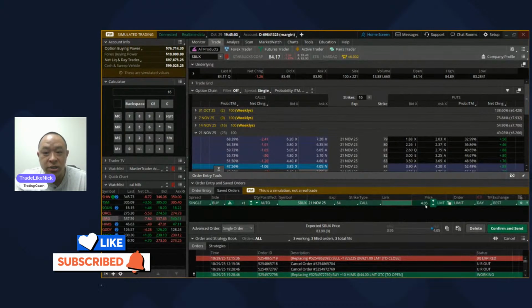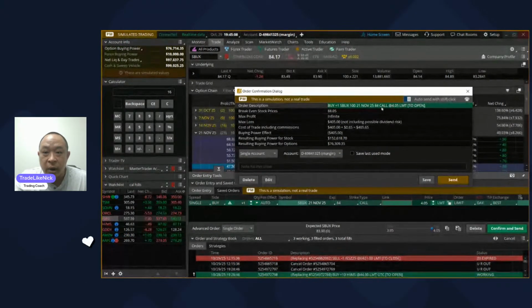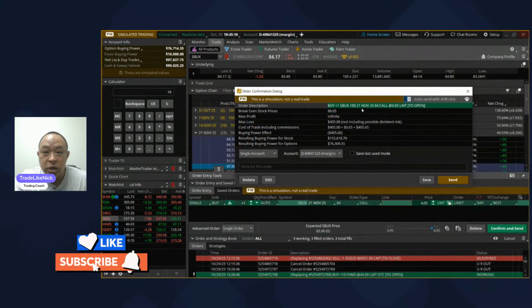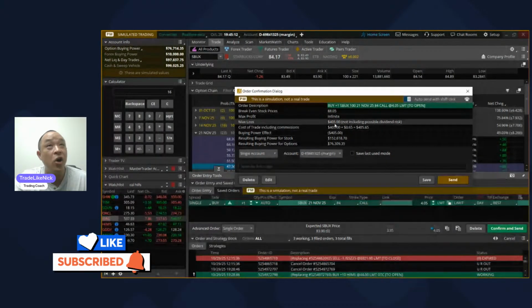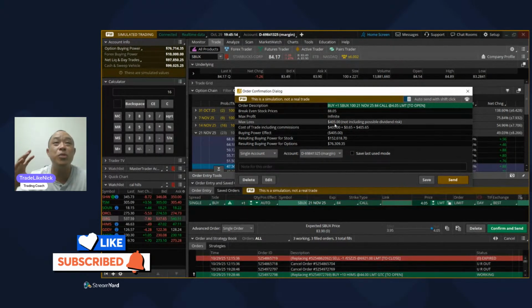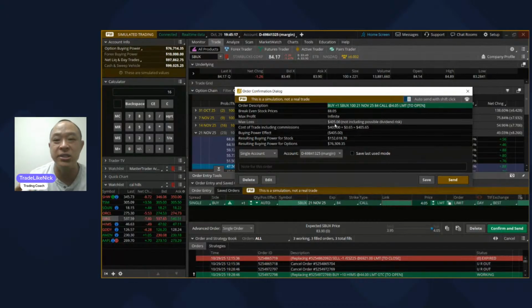If I were to buy one contract at $4.05 per share, if I click confirm and send, right, the trade would cost me only $405. That is so much less than $9,000.